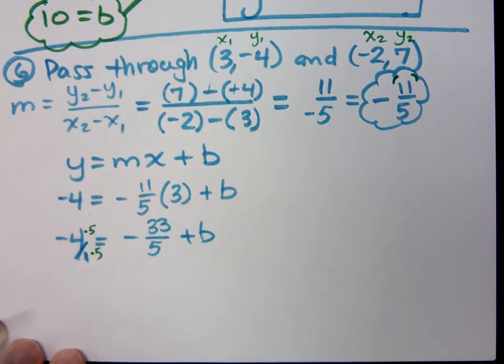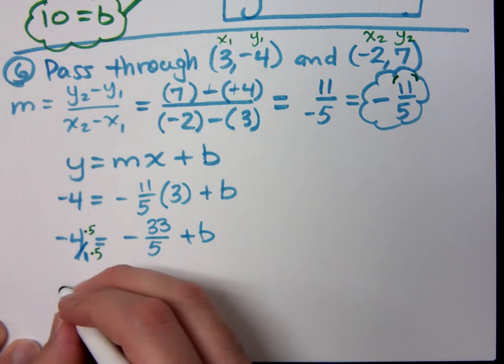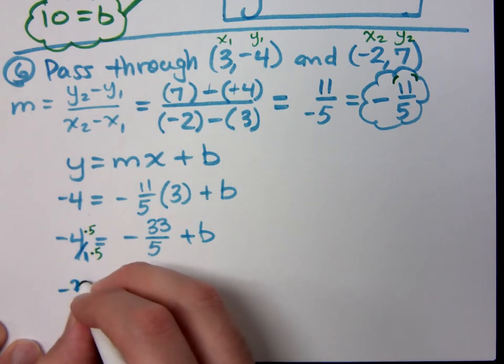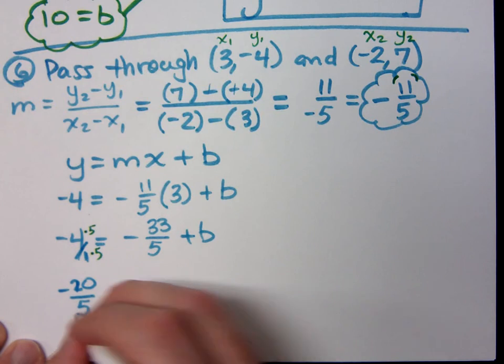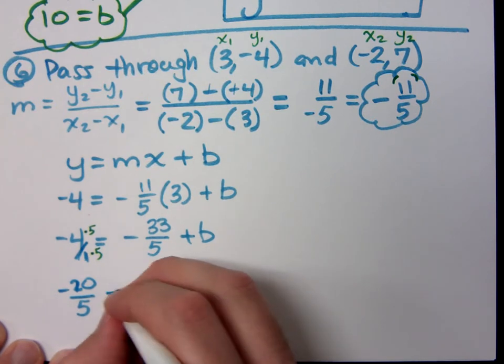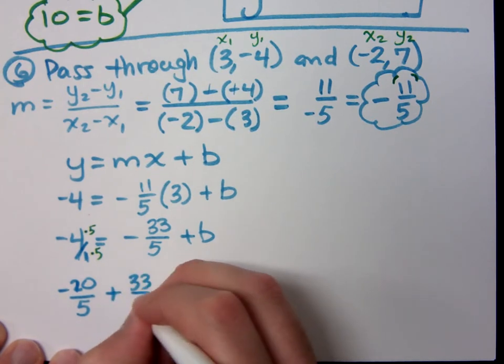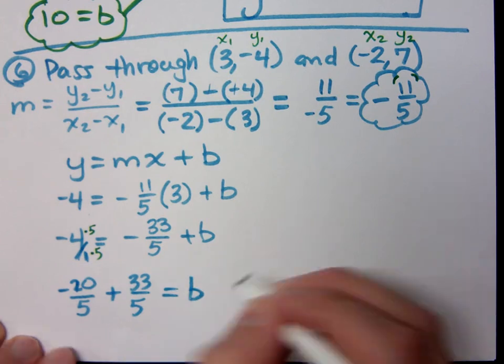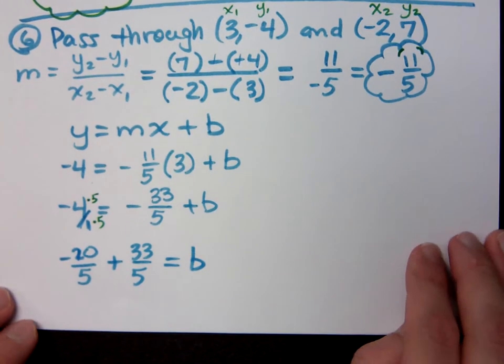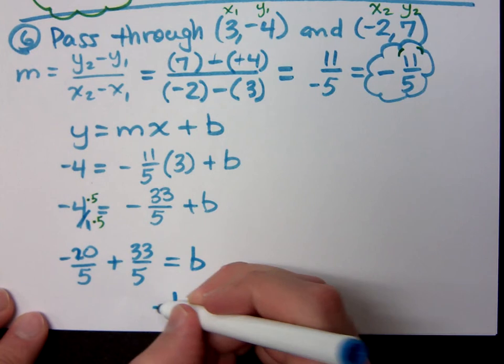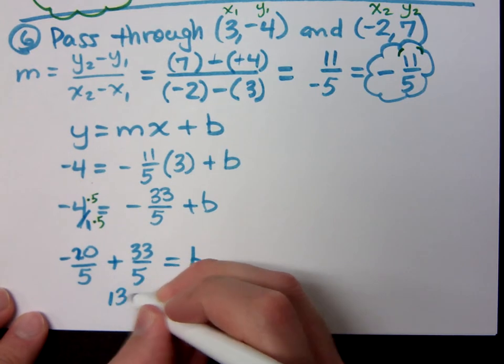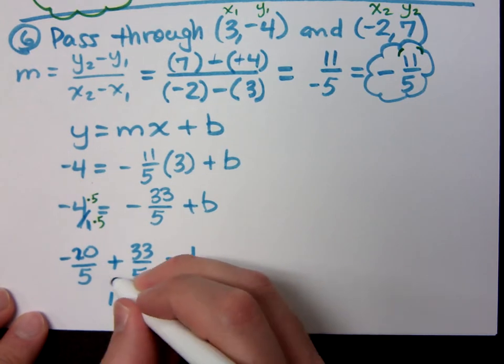Isn't it a factor of 5 that I'm missing to get that common denominator? So that means I have a negative 20 fifths. I'm adding the 33 fifths to the left side, and that equals b. So what does b equal now? B equals 13 fifths.